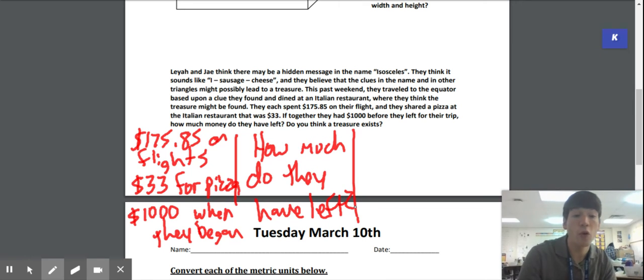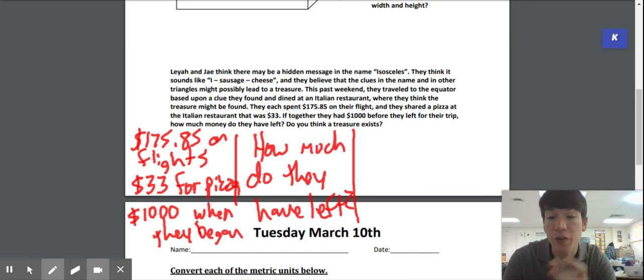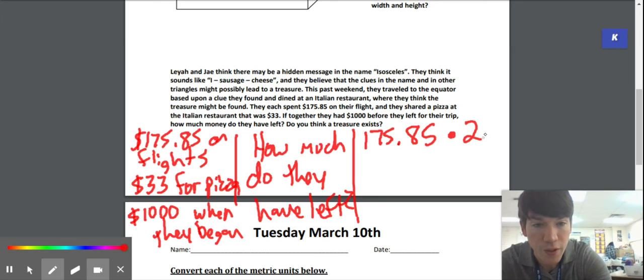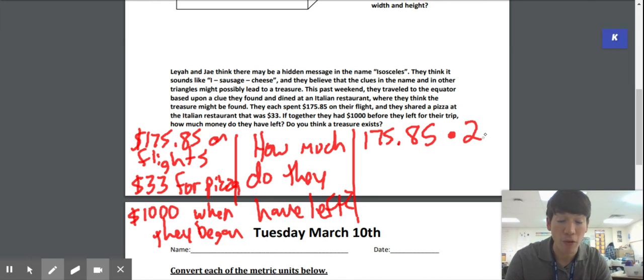So again, we know they spent $175.85 on their flight. They spent an additional $33 on the pizza. They started with the $1,000. Now, guys, the biggest thing here is you have to remember to multiply this flight price by 2 because there's 2 people.